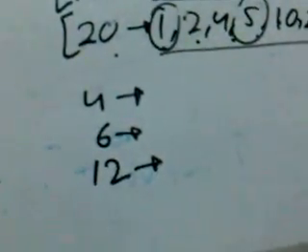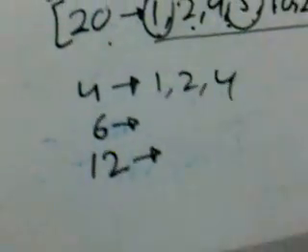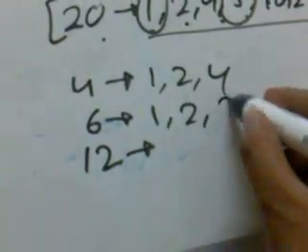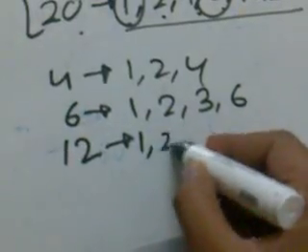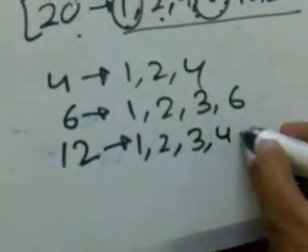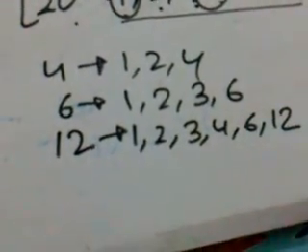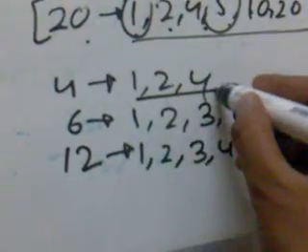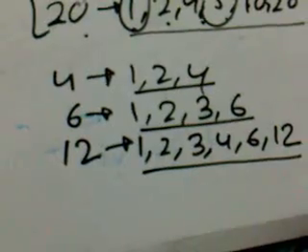For 4, what are the factors? 1, 2, 4, not 3. 3 cannot divide 4. For 6, it is 1, 2, 3, and 6. And for 12, it is 1, 2, 3, 4, 6, 12. So these are the factors of 4, of 6, and of 12.